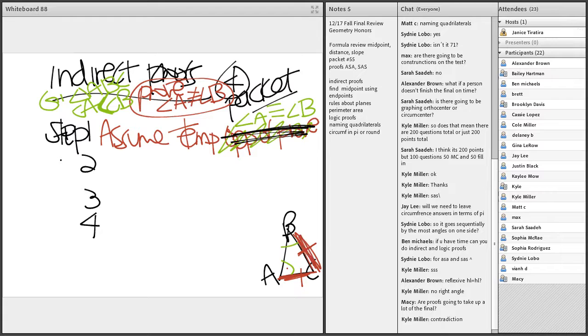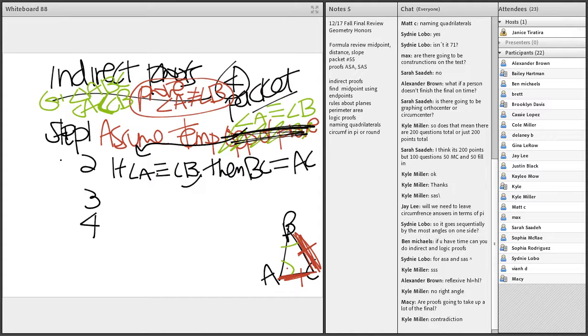That has a tick mark. So step 2, we use step 1. We use that information. So if angle A is congruent to angle B, then we can conclude, we can infer more information that BC is equal to AC, and that's by converse of isosceles triangle theorem.